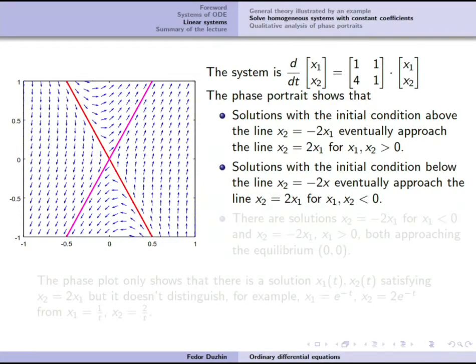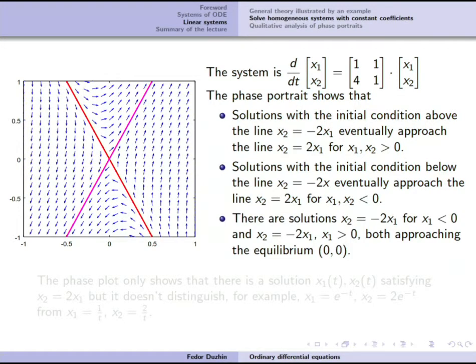And then there are solutions that exactly follow the red line and the blue line. The solutions that follow the red line approach the origin as t goes to infinity, and solutions that follow the blue line eventually go away from the origin. So they approach the origin at negative infinity.